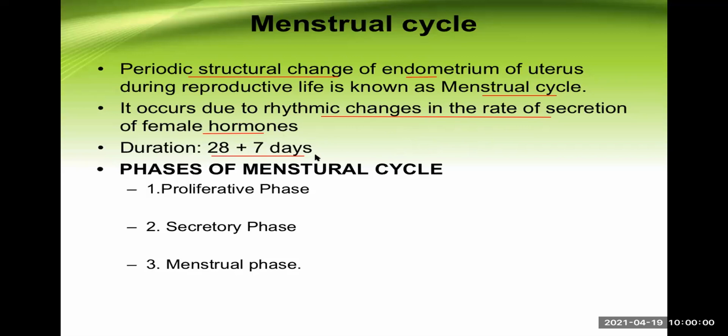In subsequent classes, we'll talk about everything regarding them. But this is the normal one which we are talking about, normally exactly 28 to 30 days. Now, there are three phases of the menstrual cycle: proliferative phase, secretory phase, and the menstrual phase. Let's talk about them.